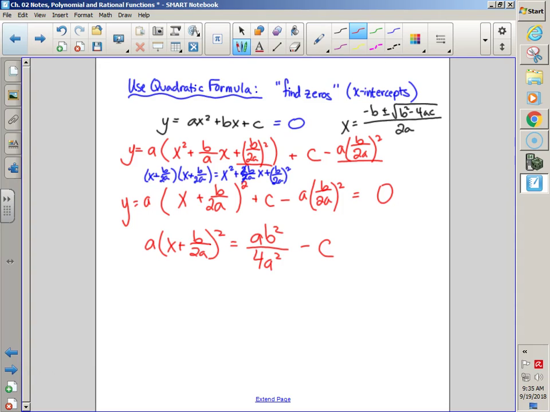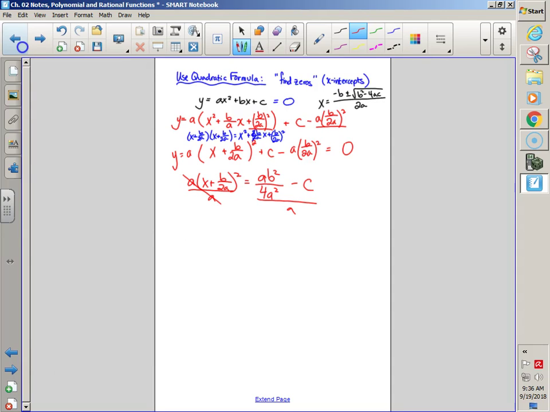Okay. Now what? Don't square root yet. Who do we have to deal with before the square root? Divide by a. So then we end up with x plus b all over 2a equals.